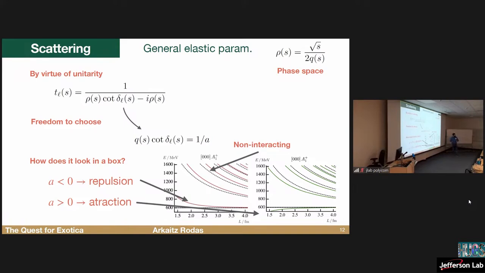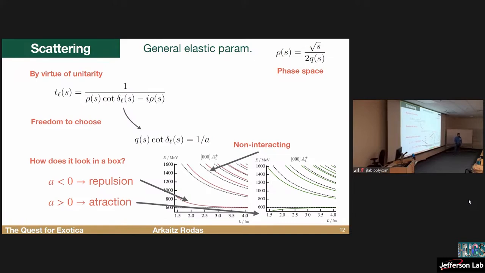Because they are repelling each other, so the energy increases. If we had attraction, then the energies would be lower, right? So when you're playing with lattice QCD and you have your levels in a box, the first thing you should do is compare to non-interacting levels and see if you have an attractive or repulsive system. And, depending on the strength of the system, these lines will be displaced more or less from the non-interacting levels.